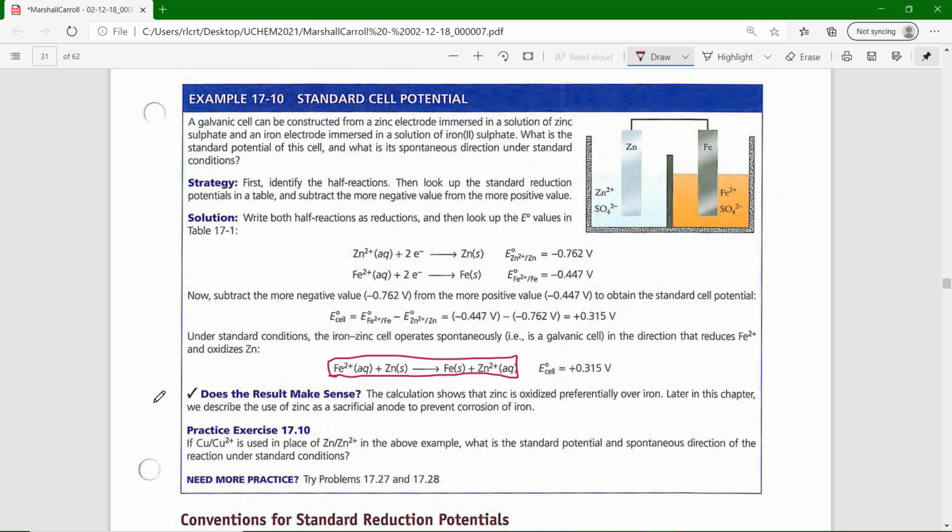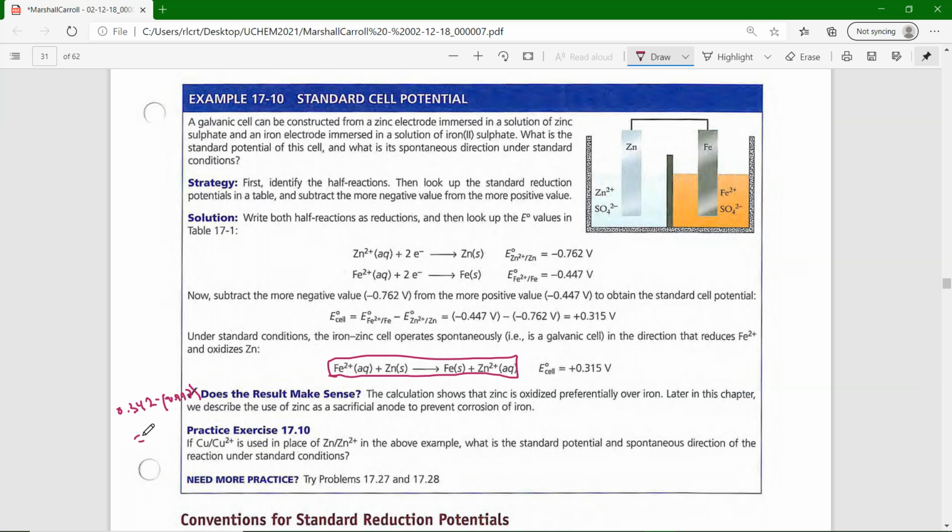So it's going to be 0.342 minus, which one's the iron? Minus 0.447. So 0.342 plus 0.447 is 0.789 volts. Yes, that's the answer.